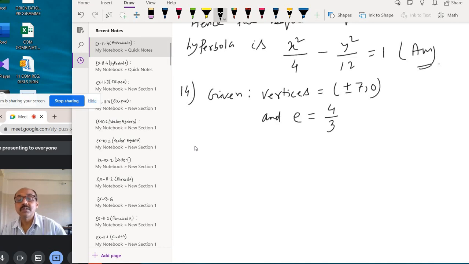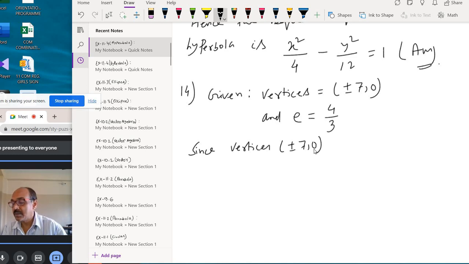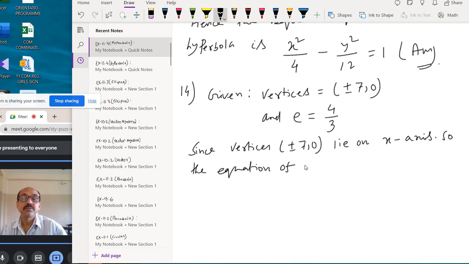Since the vertices lie on the x-axis, with y coordinate 0, the equation is of the form type 1: x square by a square minus y square by b square equal to 1. This is the standard equation.